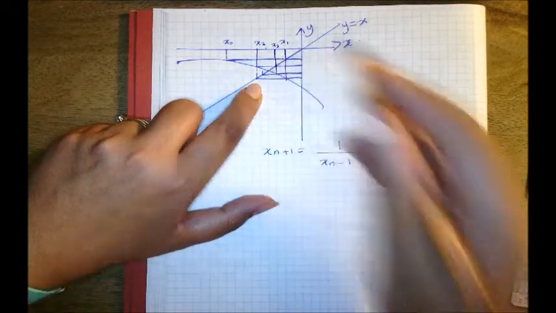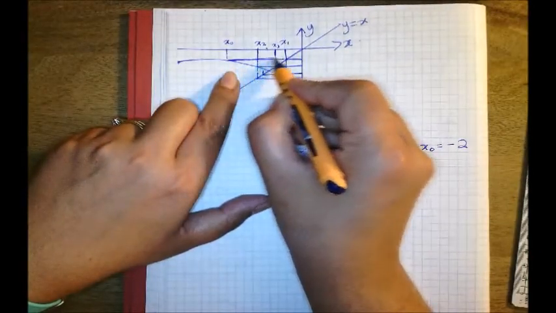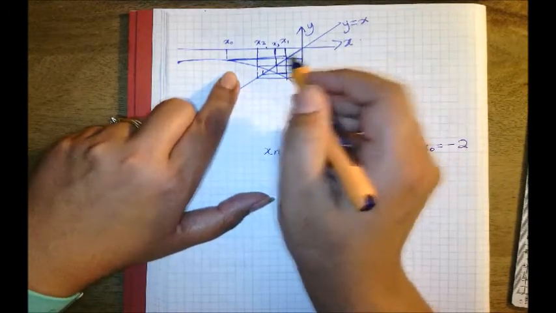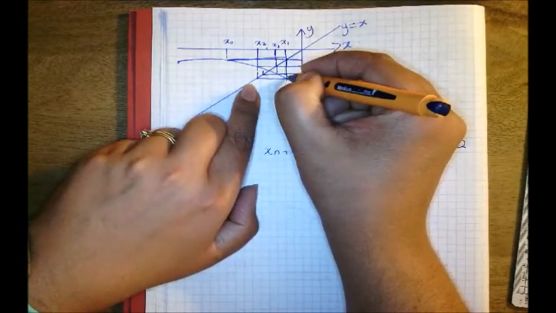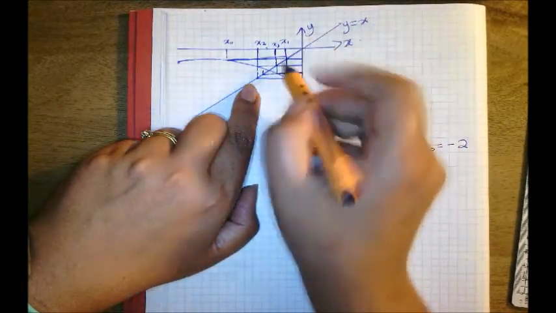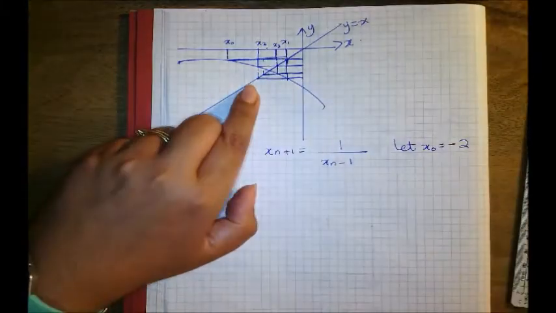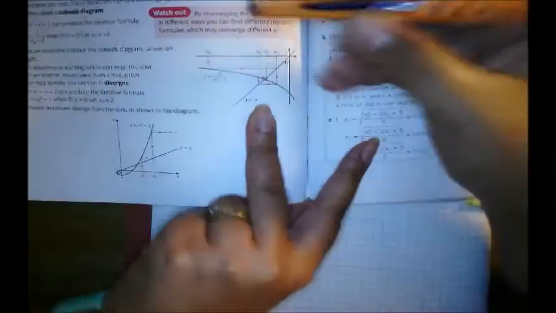Then I substitute x2 into the function. That's my output value, which is my input value. Okay, and that's x3. And actually what's happening is that I am getting closer and closer to the root.